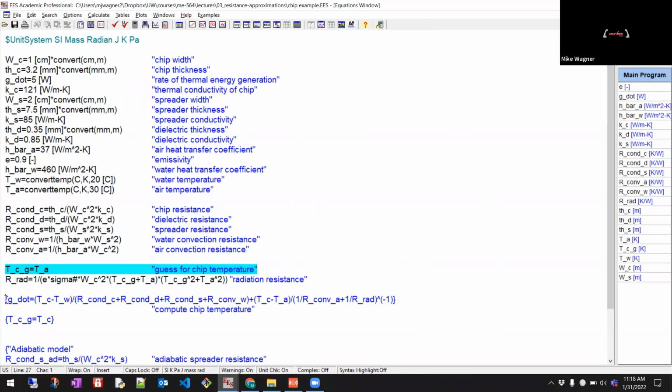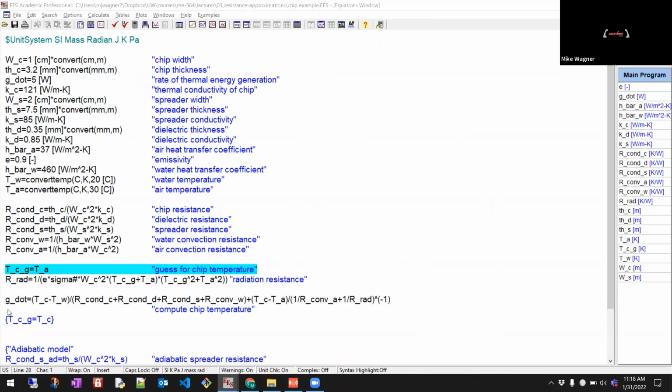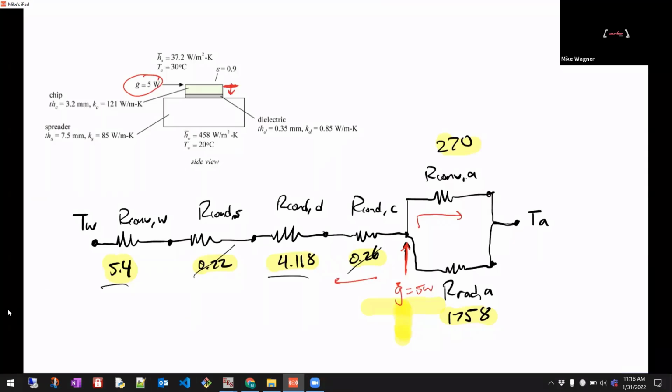Okay, so TC directly can be calculated using an energy balance. And so let's look back here. So if I do an energy balance on this node here, I'm going to have G dot coming in. And what am I going to have leaving? Well, I'm going to have heat flowing to the left. Heat flowing to the left is going to be given by, let's call this TC here, TC minus TW over the total resistance to the left.